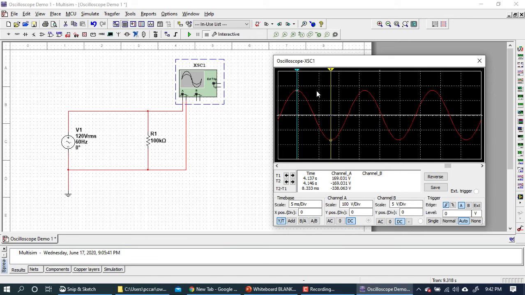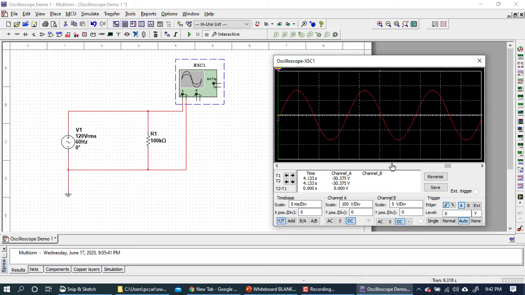So that's a little trick that you can do for the cursors. Or you can just do like I did, where you just manually move them where you want them, and then you read the data here in the window, either way. All right, so let's get rid of the cursors. Let's move them back over to the left where they just hang out when they're not being used.